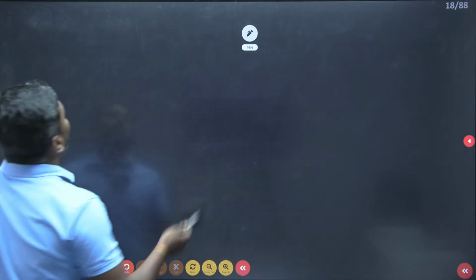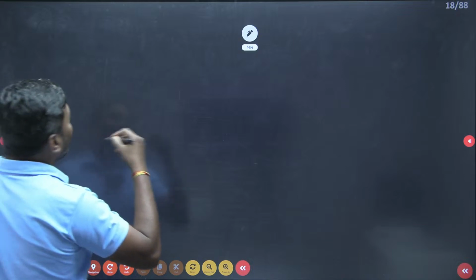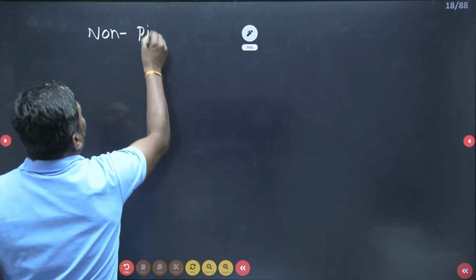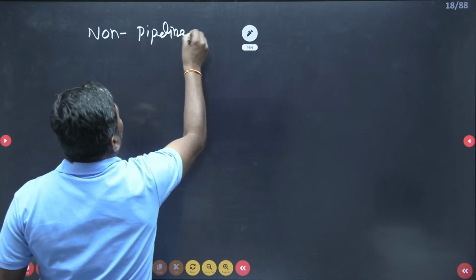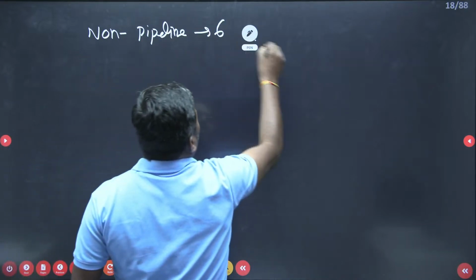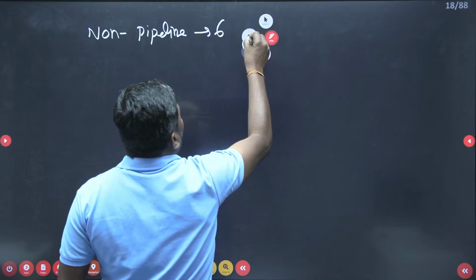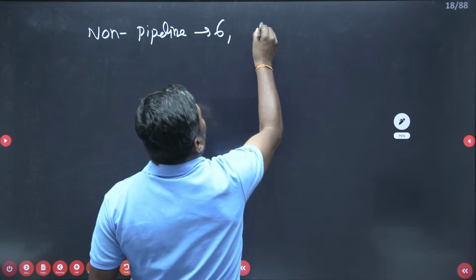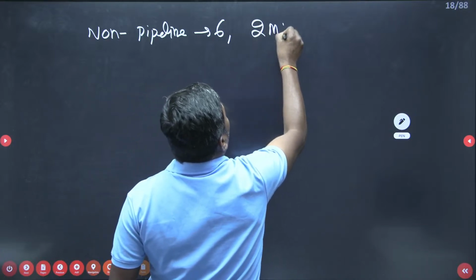So let me take the instruction pipeline question. They said the processor is running initially non-pipelined, with 6 stages, and the clock rate is 2 megahertz.